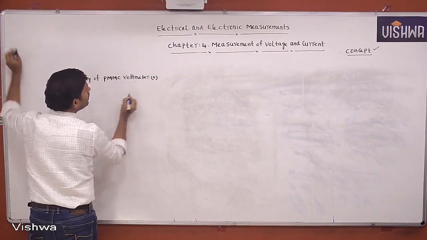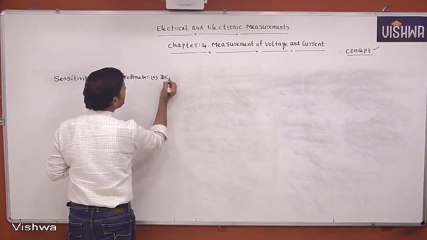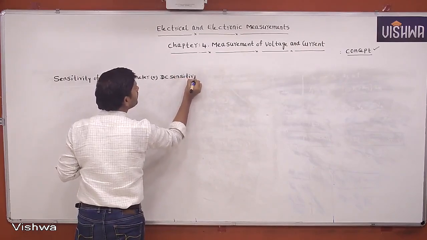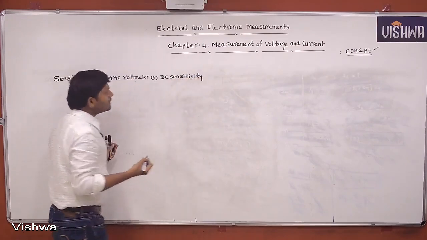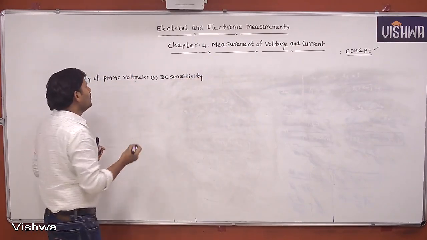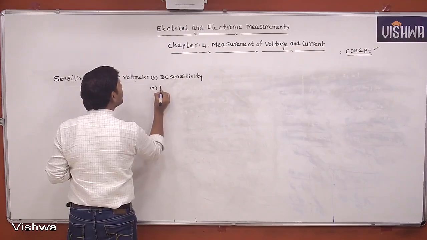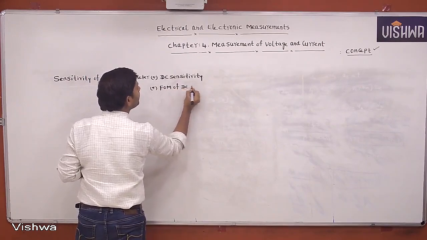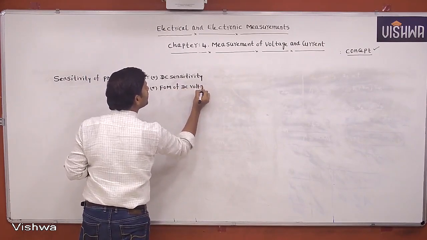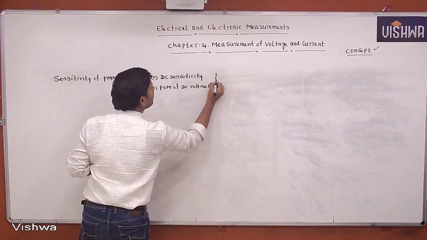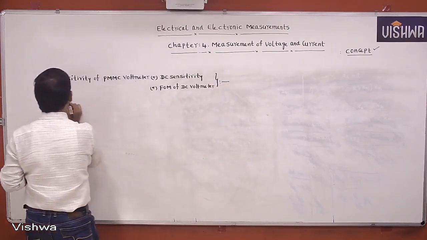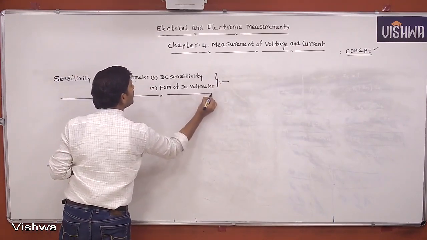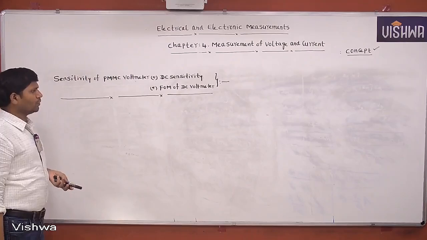It is also called DC sensitivity, or figure of merit of DC voltmeter. Okay. So: sensitivity of PMMC voltmeter, or DC sensitivity, or figure of merit of DC voltmeter.